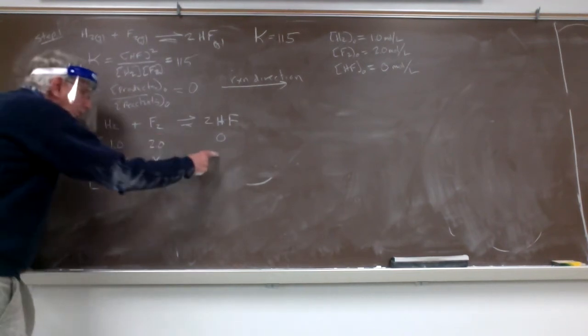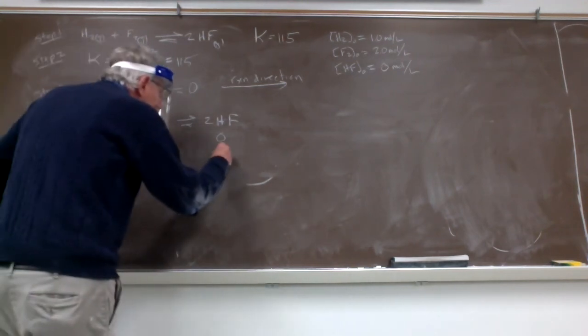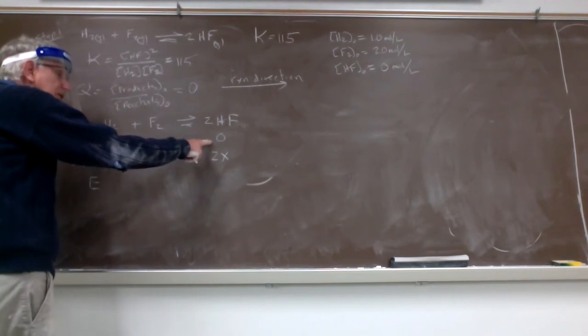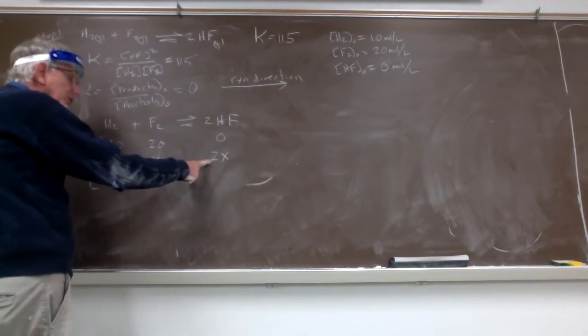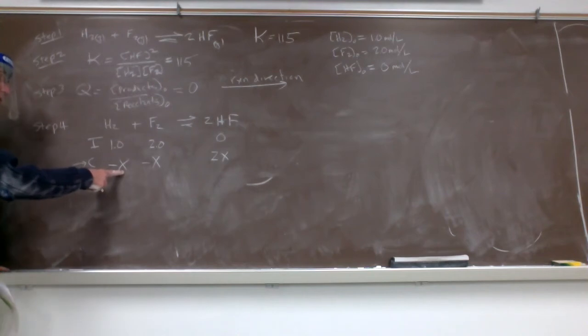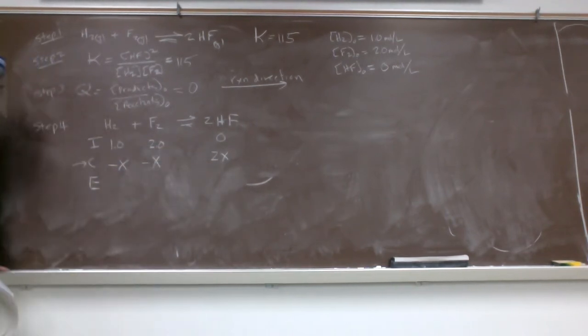And what do we put for the change in concentration of HF? 2X, right? The change would be 0 where it started, plus the change that had to occur to get to equilibrium. Well, the change is 2X. If X moles per liter of hydrogen are consumed, 2X moles per liter of HF are formed.